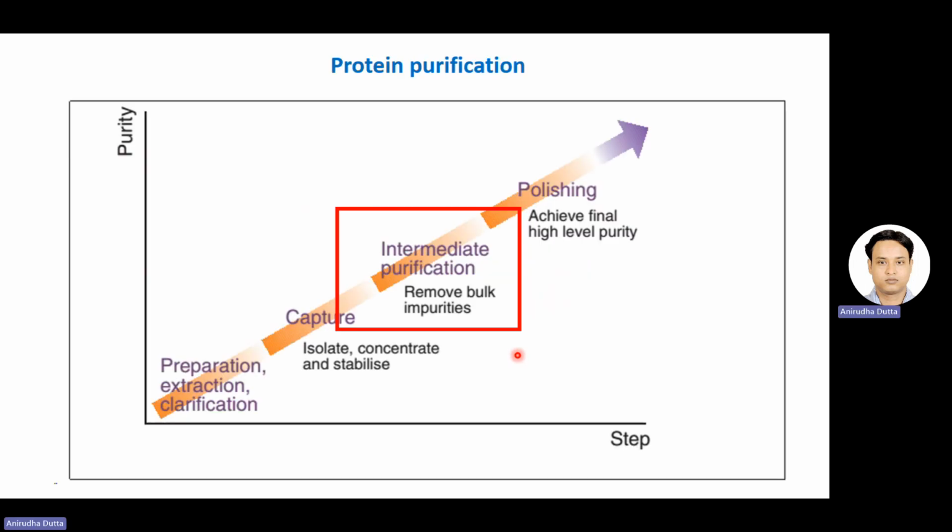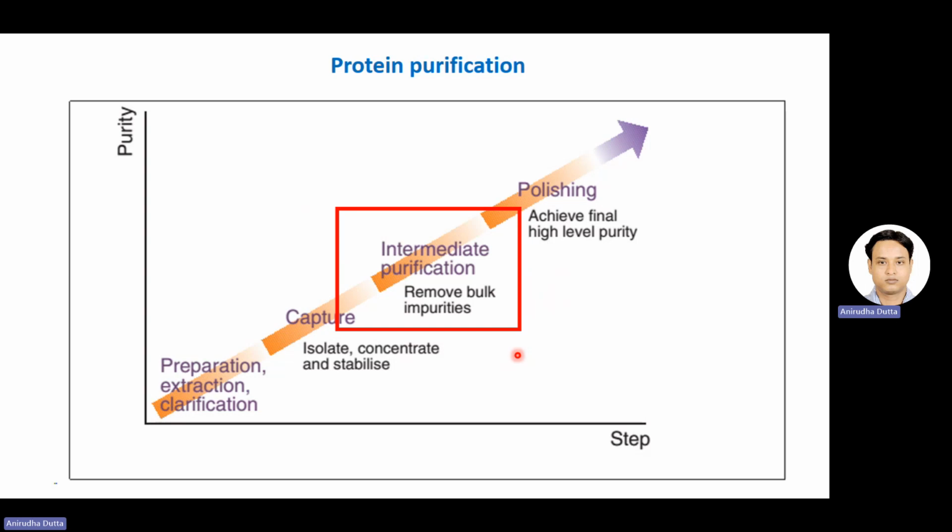If you remember our flow chart of protein purification, we have discussed up to sample preparation and the capturing step. In sample preparation, we discussed the buffer and different methods of cell disruption, by which we can bring the intracellular protein outside into the buffer, and then the next step would be our capturing step.